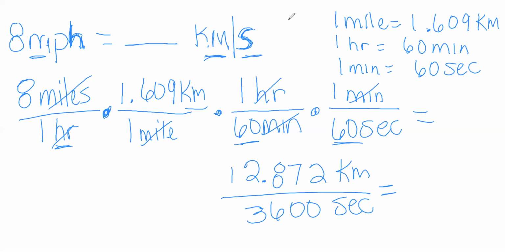So treat this like any fraction, and this line here tells you that you're dividing. So you put 12.872 into the calculator divided by 3,600. That's going to give you a very tiny number, 0.0036, and your units are kilometers per second. Of course, it's every second, so of course it would be a tiny little fraction of a number.